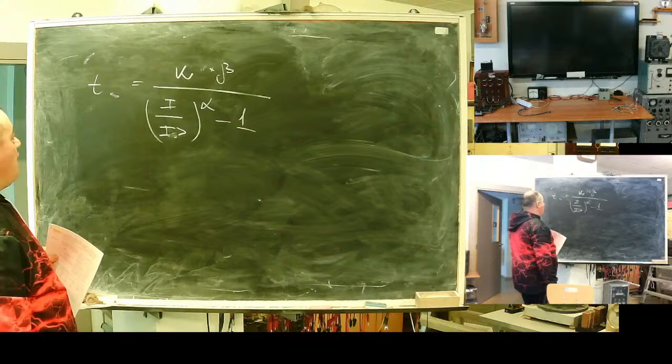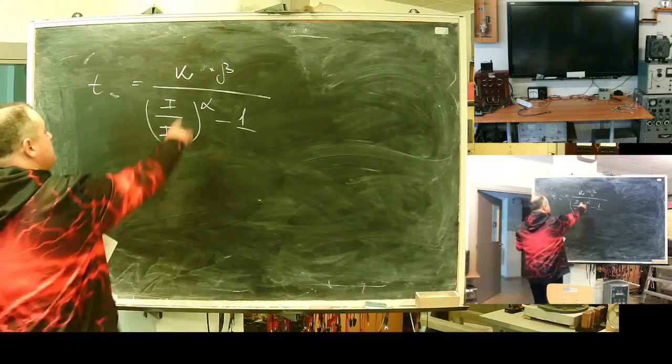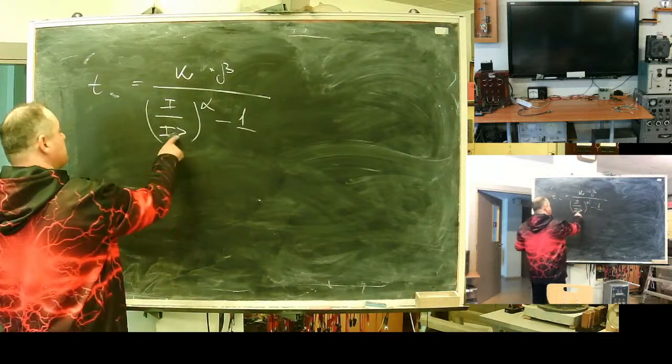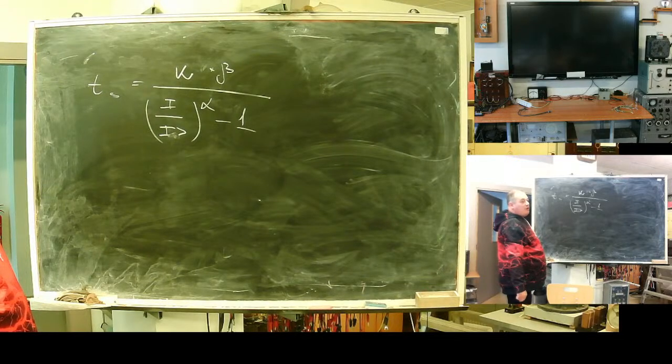So here, alpha and beta are two constants. K is a time multiplier, and this is the set current, or sometimes they call it the plug current.